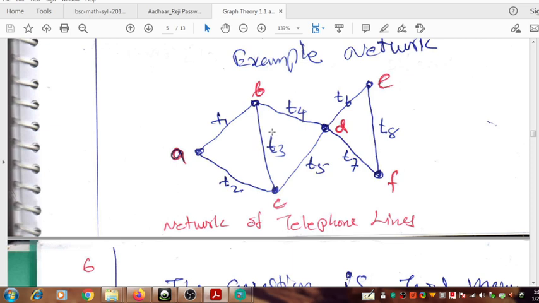And in this network, suppose we take this vertex, the vertex labeled as D. Just think about removing that vertex. What happens if we remove that vertex? Naturally there are edges linked to it.